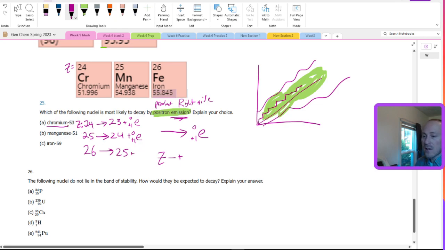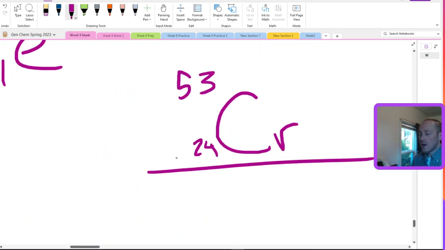Well, now we have to assess the number of neutrons involved in order to get a good sense of that. So for chromium 53, the number of neutrons clearly is, sorry, I wrote that real small, 53 minus 24, which is going to be 29.